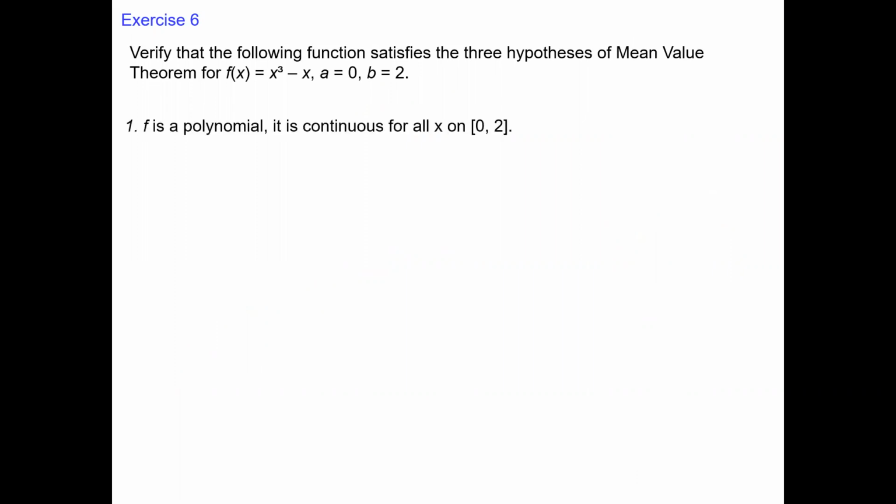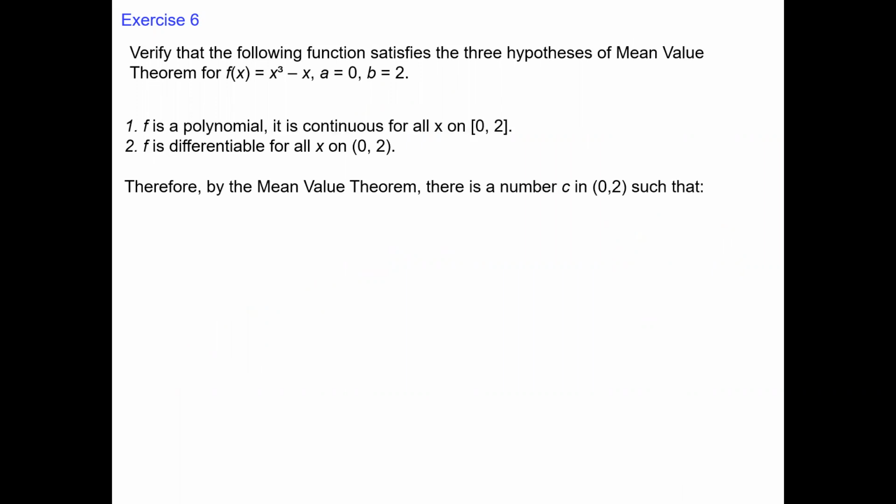Polynomials are continuous, polynomials are differentiable, therefore definitely the number C exists between 0 and 2. And the number such that f prime at C equals f of 2 minus f of 0 over 2 minus 0. Secant line, tangent line, they are parallel.